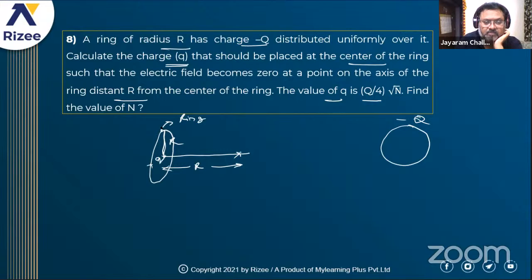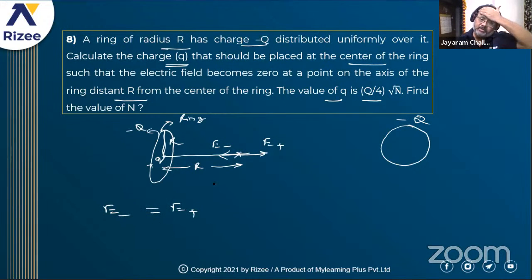You have placed a plus q, and on the ring you have a minus Q. Because the net electric field at this point becomes zero, the electric field because of the negative charge acts in this direction, and the electric field because of the positive charge is in the other direction. Since the net electric field is zero, you can take it as E minus is equal to E plus. One is because of the negative charge, another because of the positive charge. E plus or E minus indicates the same thing. What is E? E is nothing but the electric field.